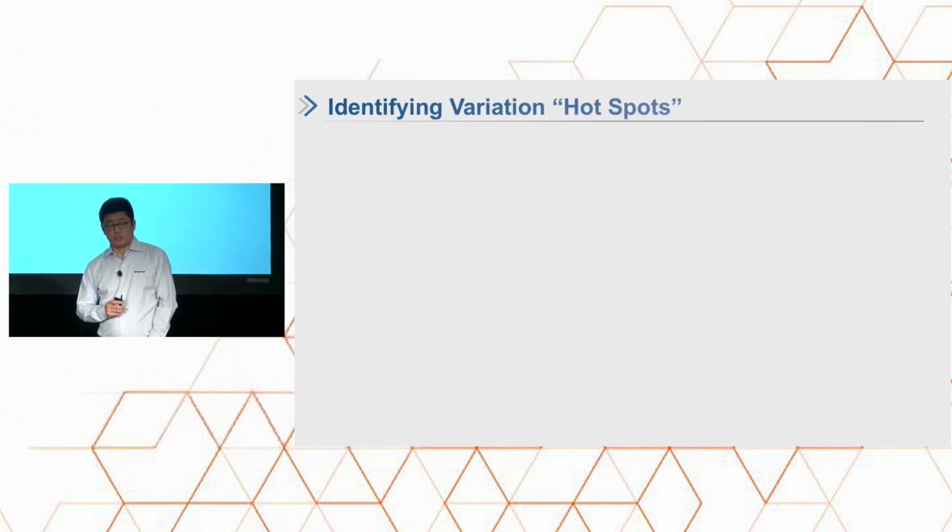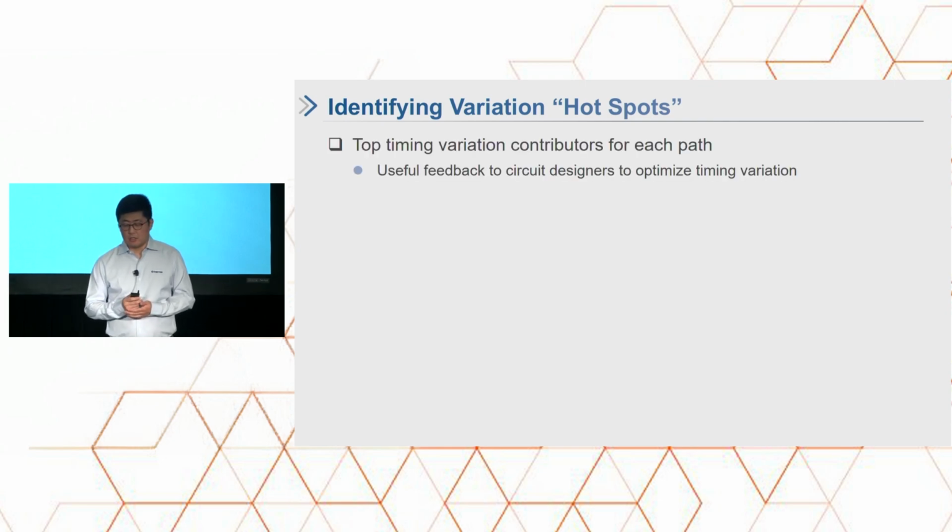Another benefit of using this method by partitioning and modeling variation is that we can identify the design flaws or the design weakness caused by process variation.